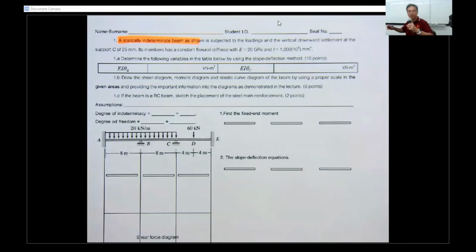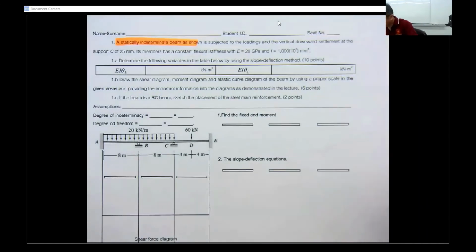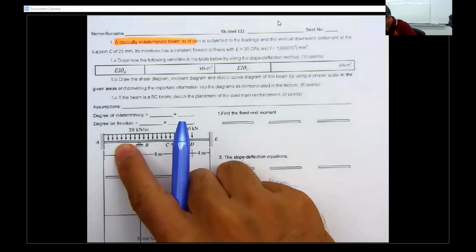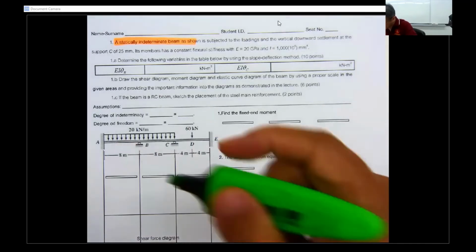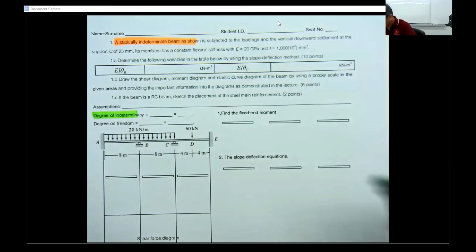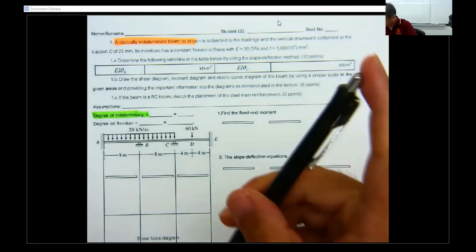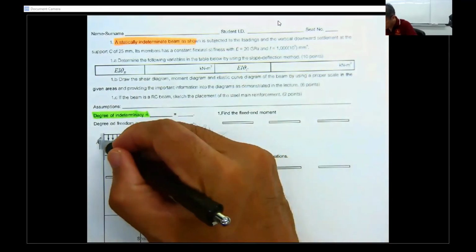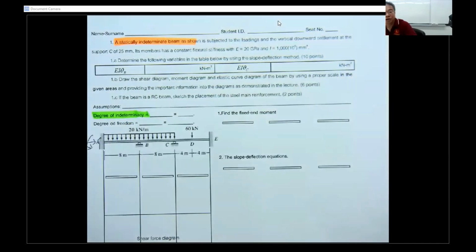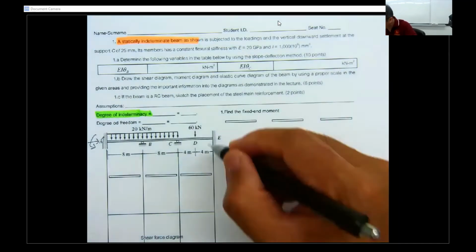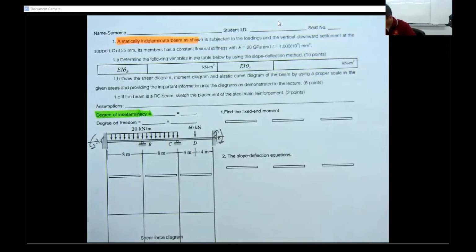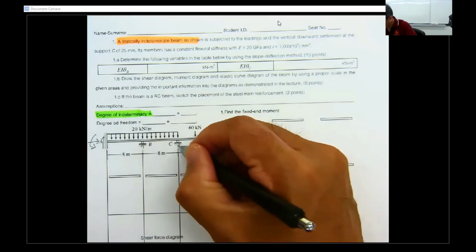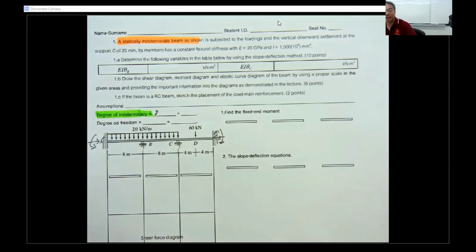Come to this, and first start by considering it. The problem has fixed supports at A and D. So what is the degree of indeterminacy of this one? For sure, you're going to have this one, this one, this one, the reactions of the fixed support, and this one, this one, this one. That's a total of 6. And this one and this one make it 8.